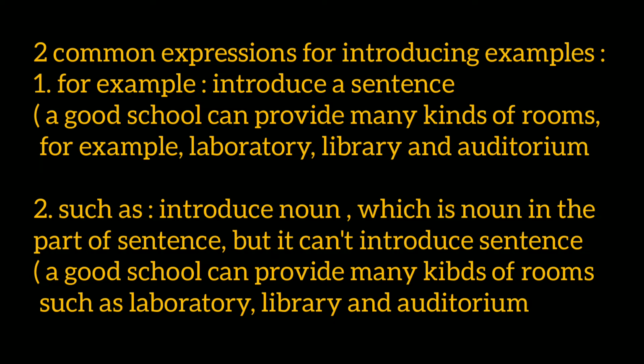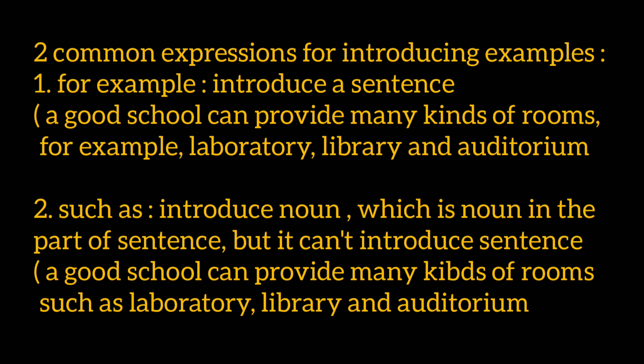As for such as, it can introduce a noun or list of nouns, but only if the noun or list of nouns is part of a sentence. However, it cannot introduce a sentence. For example, a good school can provide many kinds of rooms such as library, laboratory, auditorium.